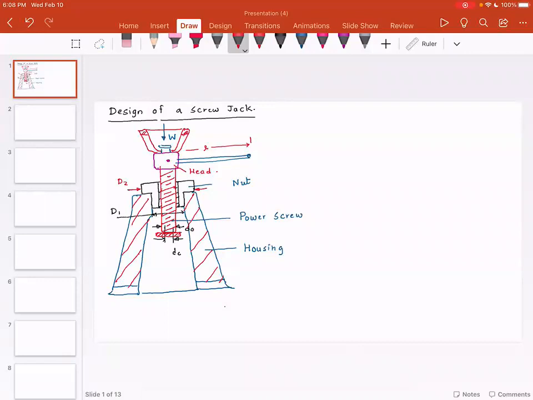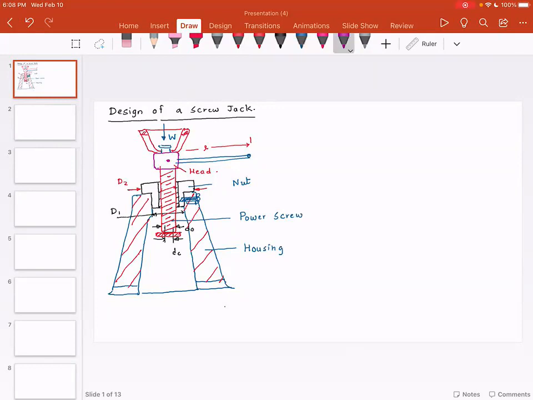The reason for that is you want to lock the screw when it is raised to the maximum level. And one thing I just want to tell you is that the nut could be press fitted, or sometimes you might see some sort of a screw that is holding the nut in place. So you could have some sort of a set screw.